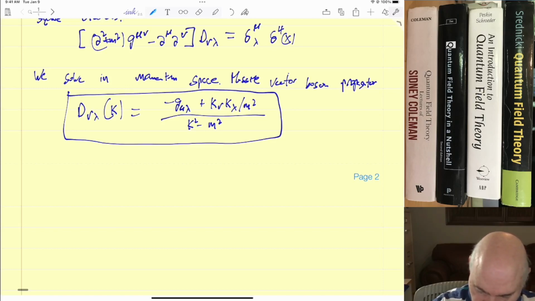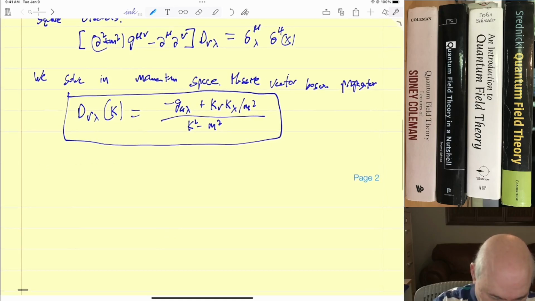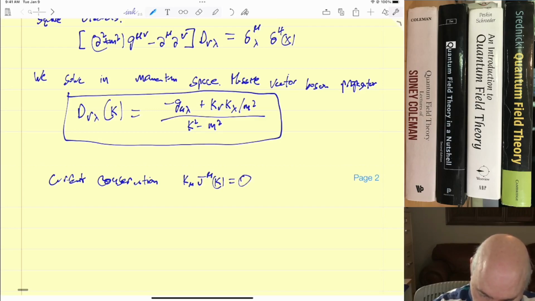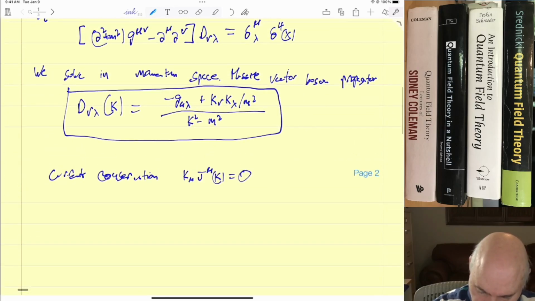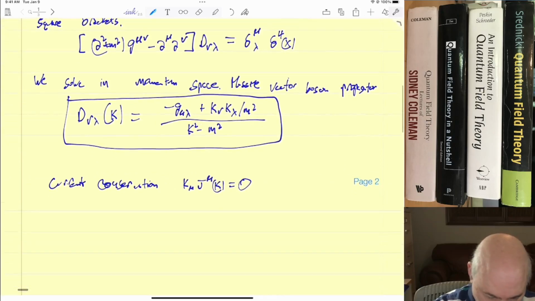The conservation condition in momentum space is k_mu J^mu(k) equals 0. So when we couple this to J's, this term will go to 0.